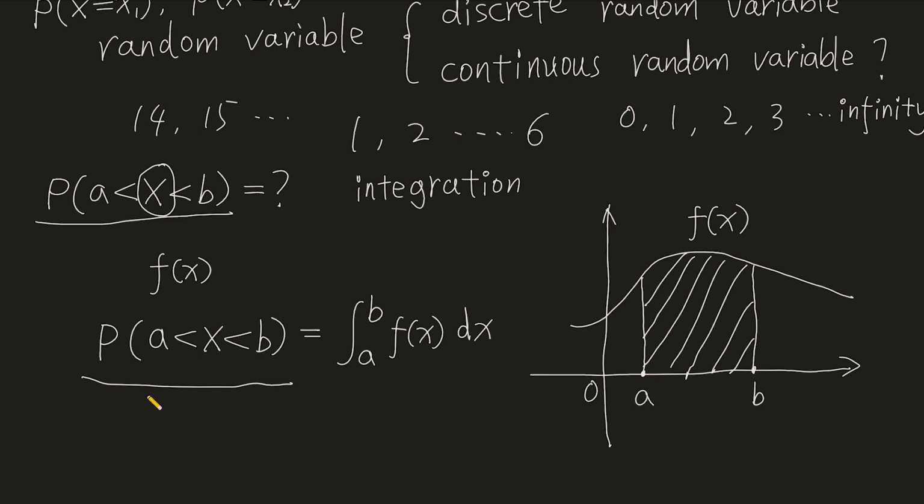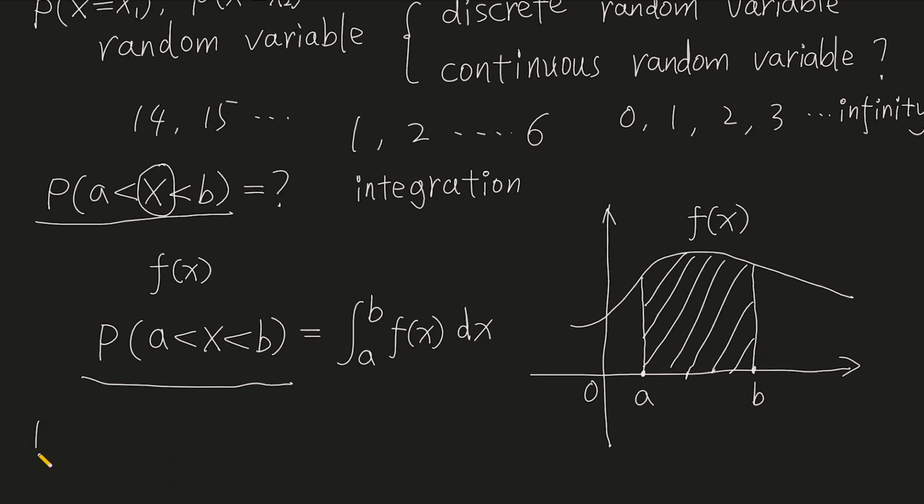Just like the discrete random variable, where the sum of all the probabilities equals 1, similarly, the total probability over all cases of a continuous random variable also equals 1.